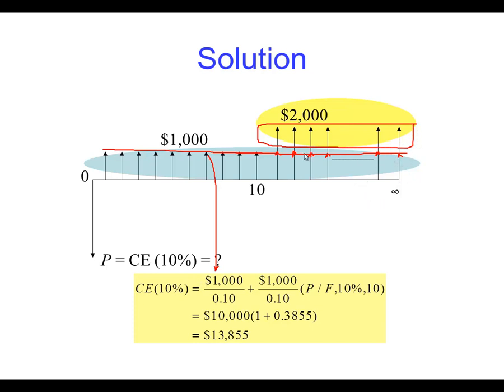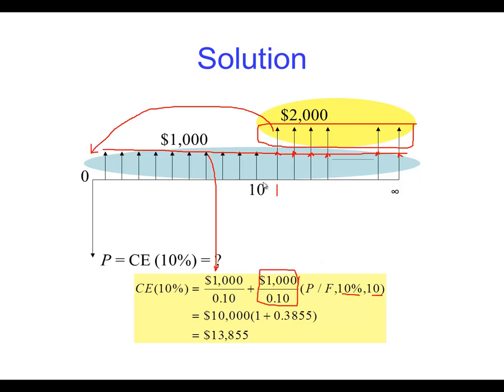Although this goes to infinity, it goes back here, and then I need to take it back to the present worth 10 years. So I will calculate the value for this infinity, and then I will take it back 10 years with 10%.